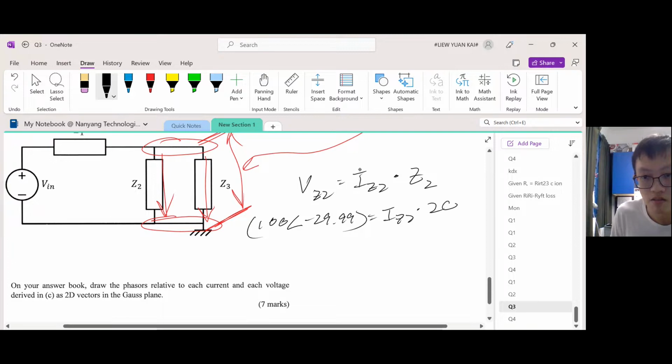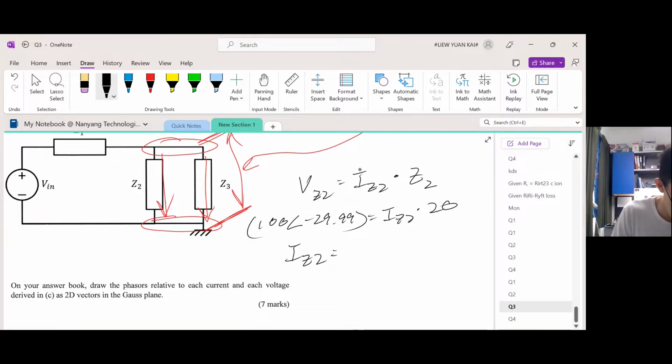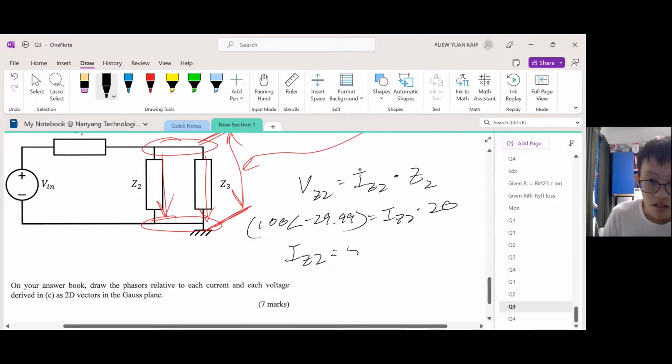And then Z2 we know is 20 ohms. That means we can solve for I of Z2. So this is our answer.